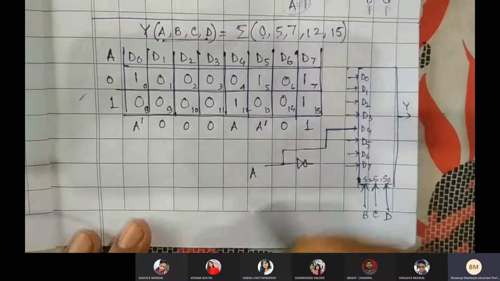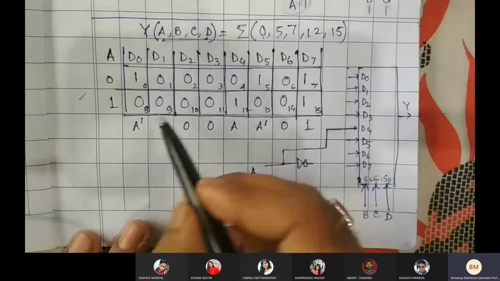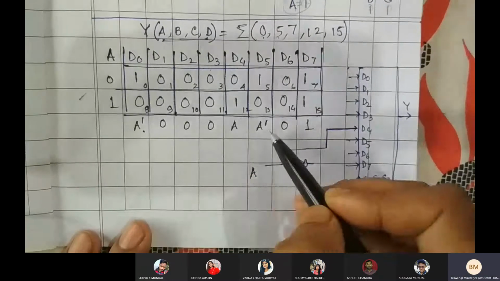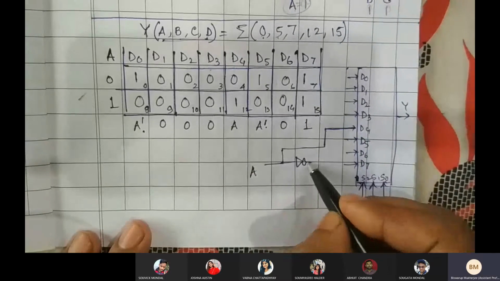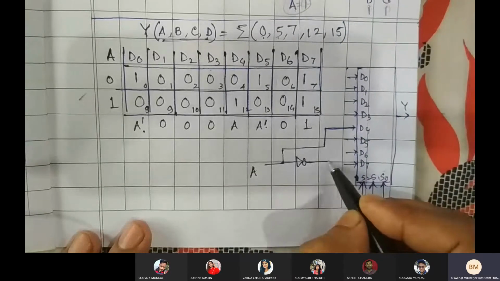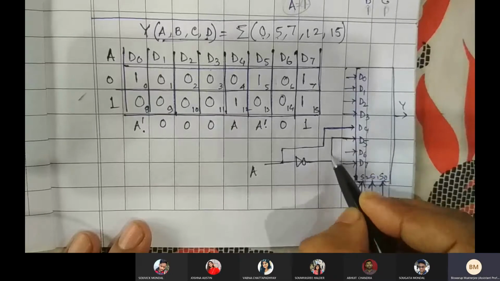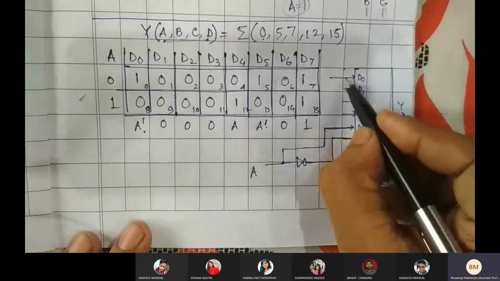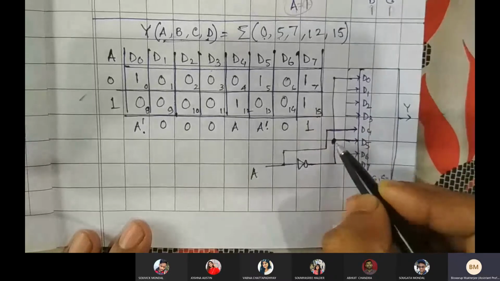So A is connected with D4. A bar is required to be connected with D0 and D5. Okay. So A bar is to be connected with D5 and D0, right? You can short it like this.